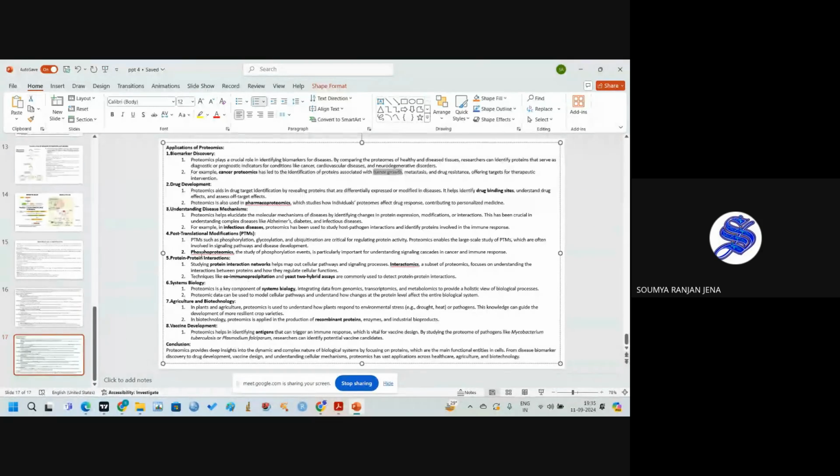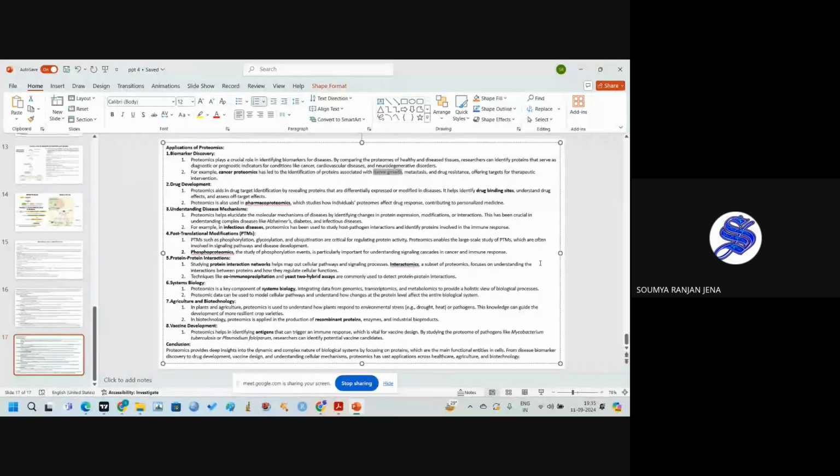And we also study the protein-protein interaction. Previously, we also saw different examples of how these proteins interact with each other. This is called interactomics, and in proteomics, we also use it as a key component for systems biology, and it integrates genomics, transcriptomics, and metabolomics to provide a holistic view of different biological processes.